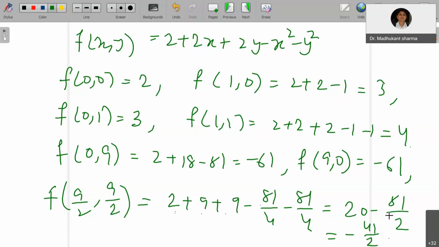So that's going to be minus 81 by 2, and this is 20. So 20 minus 81 by 2 is 40 minus 81 over 2, that's minus 41 by 2. Have I done the right thing?